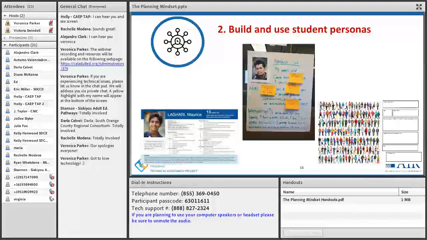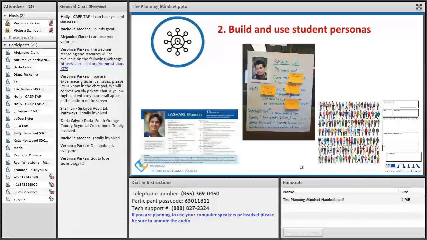They help you focus your ideas about how to improve your programs. Before you even run them by some of your students, you run them by the personas to say, okay, if we implement this part of our plan, how are our students going to react? What implications will it have for them?